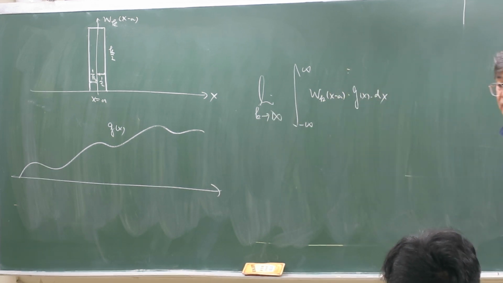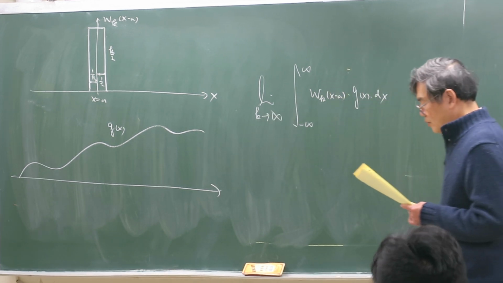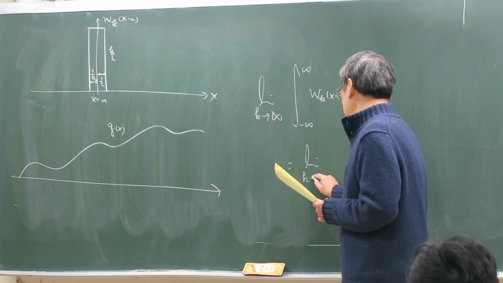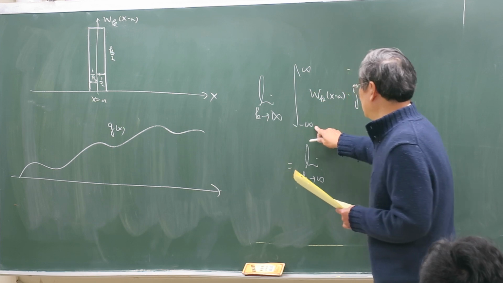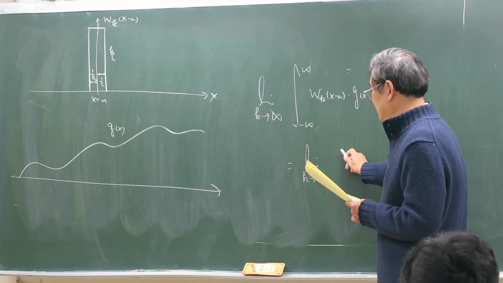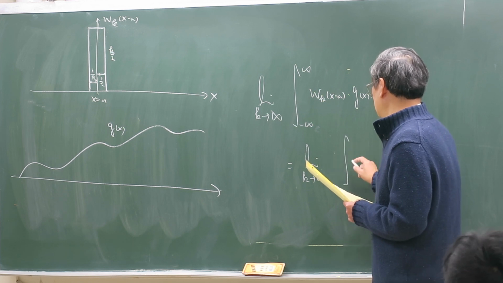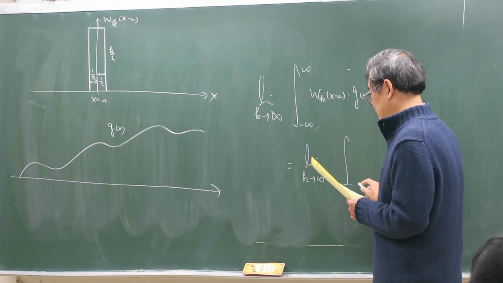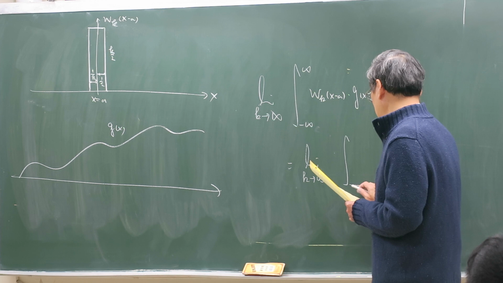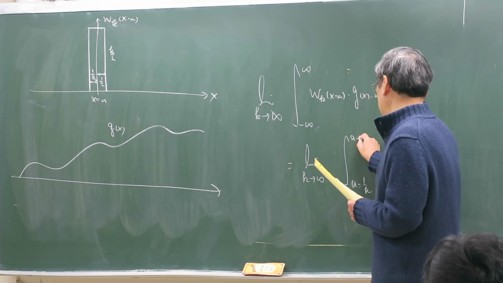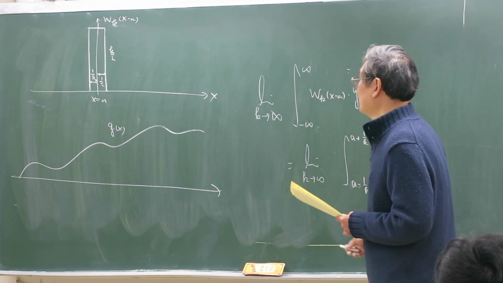What will this integration be? It will be the limit k to infinity, and the effective domain is from a minus 1 over k to a plus 1 over k, right?